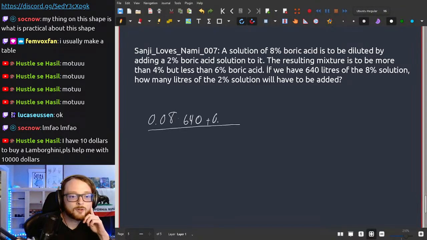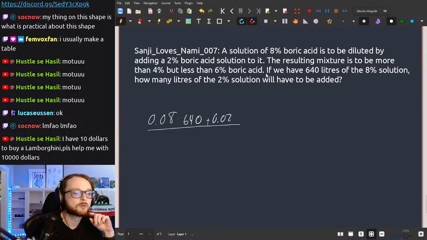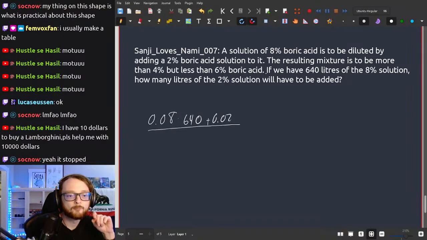We have 2%, and we're going to add some amount V of the 2%.